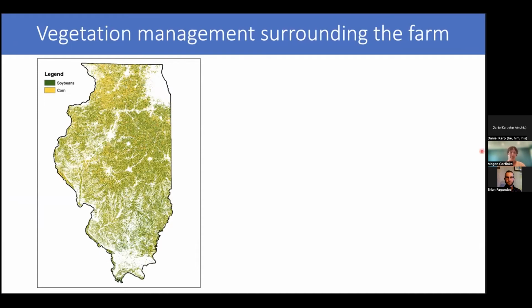So in this type of landscape, you're really only going to get these bird communities in areas where we have these natural habitats. And for instance, around me, you sometimes have these either restored or remnant prairie patches.